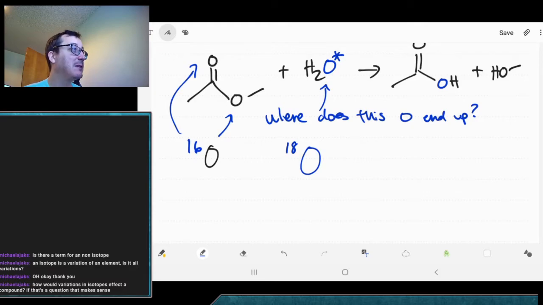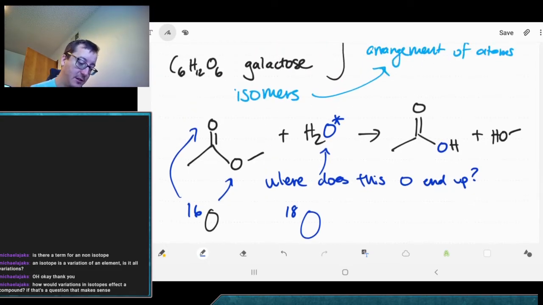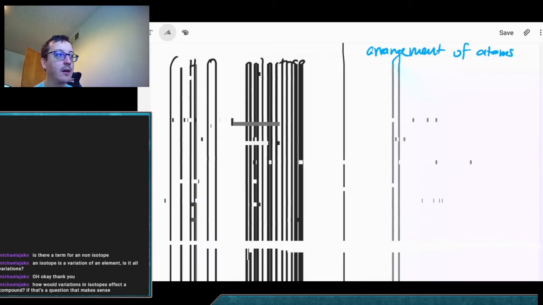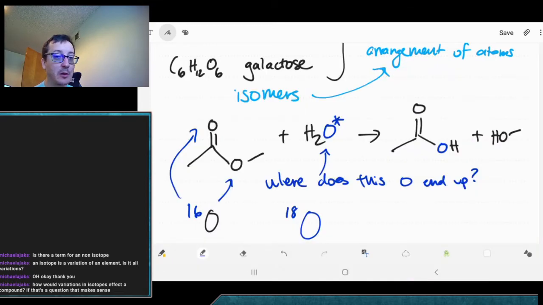By introducing only water molecules that have the oxygen 18 isotope, we can analyze the two molecules we get at the end of this reaction and see where this oxygen ended up. Aha, it's part of this compound on the left. Now we know more about the chemistry of what's happening, how that water is interacting with the compound. So it's very important for determining how molecules react together.